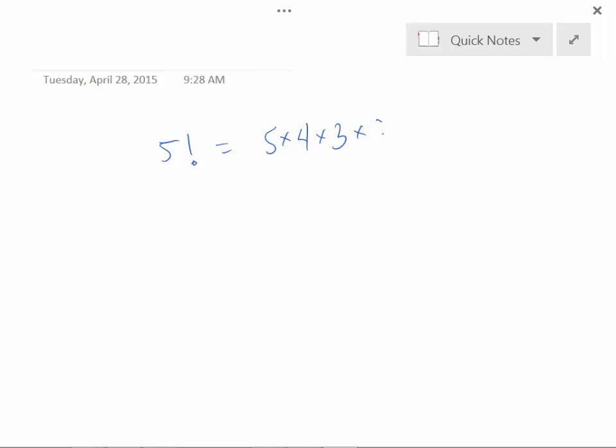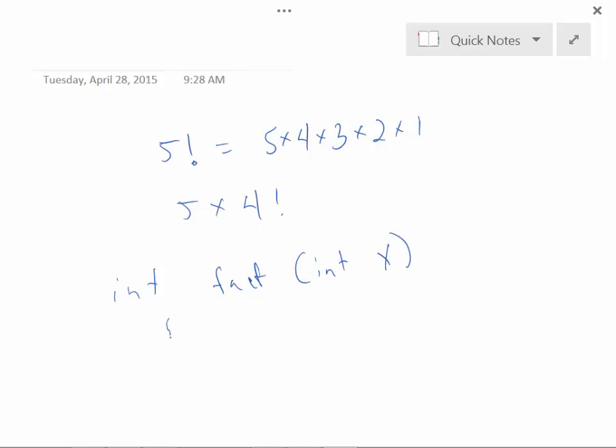Has everyone seen a factorial? Well, that's the same thing as 5 times 4 factorial. So I could write a subroutine called factorial, and I pass it an integer, x.